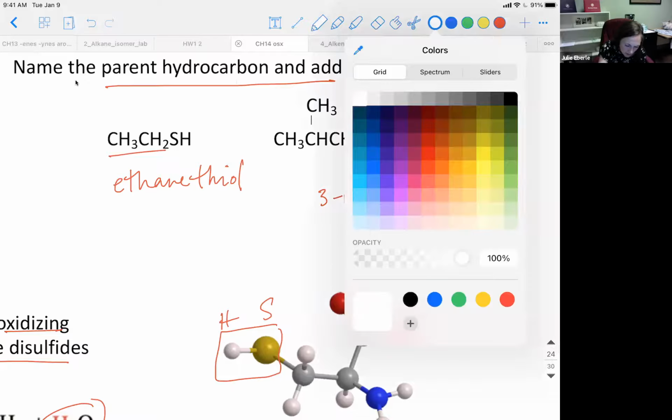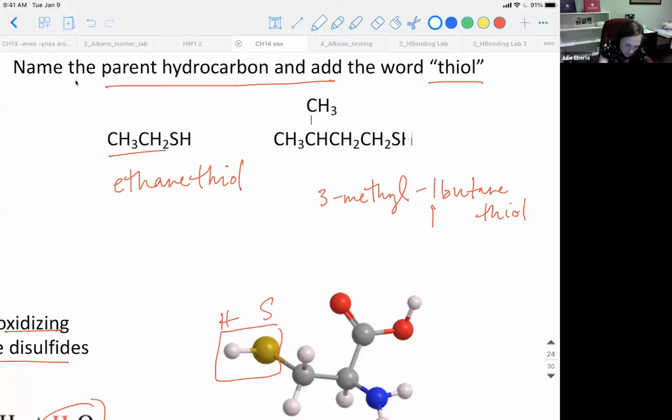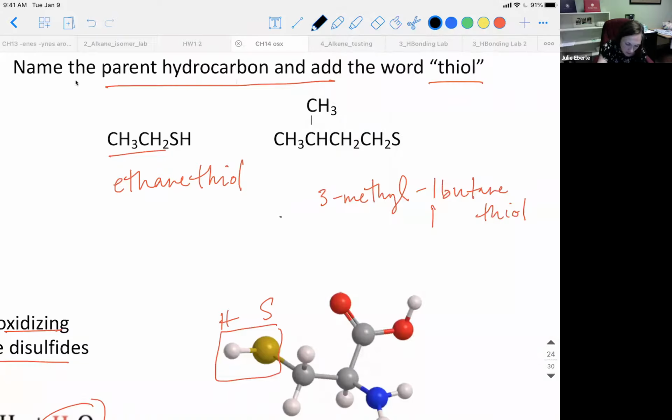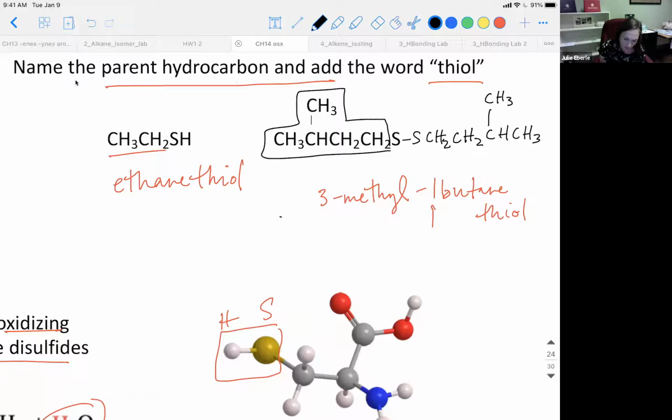We would get this. I'm going to erase this hydrogen by coloring it white. And that's what we get. So we get a bond to an S, and we just write the rest of the molecule in reverse. CH2, CH2, CH, CH3, CH3. I literally just wrote the rest of this in reverse, right over here.